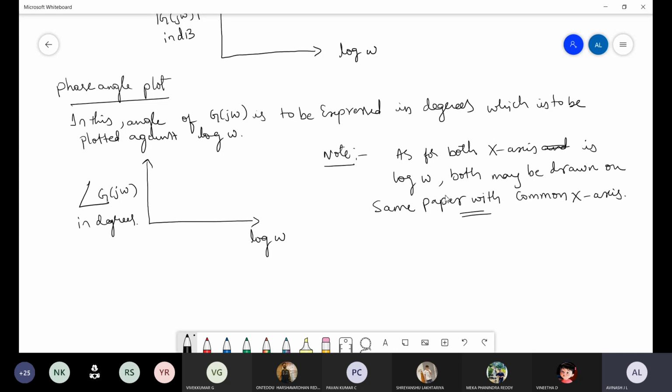So the x-axis is common, and two graphs will come. Definitely we can plot the graph.